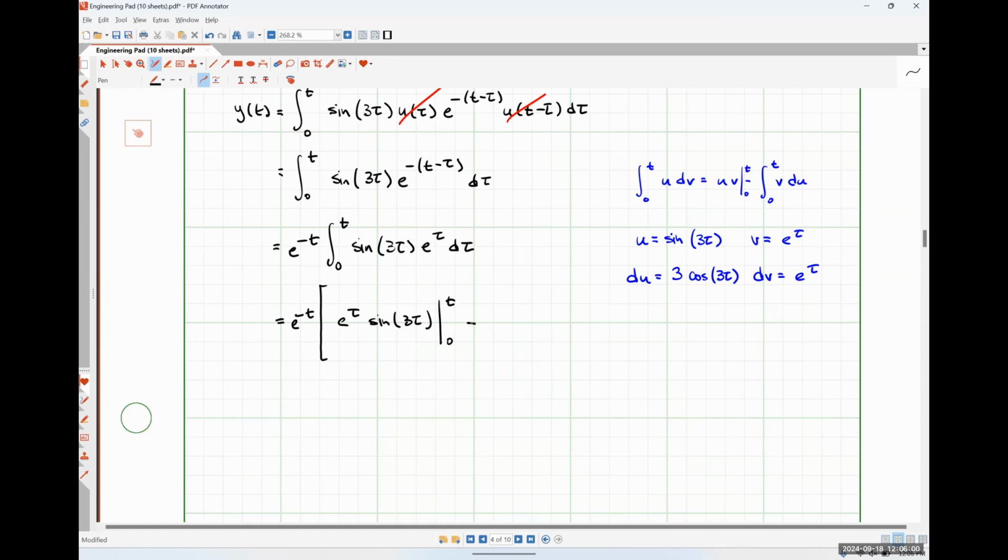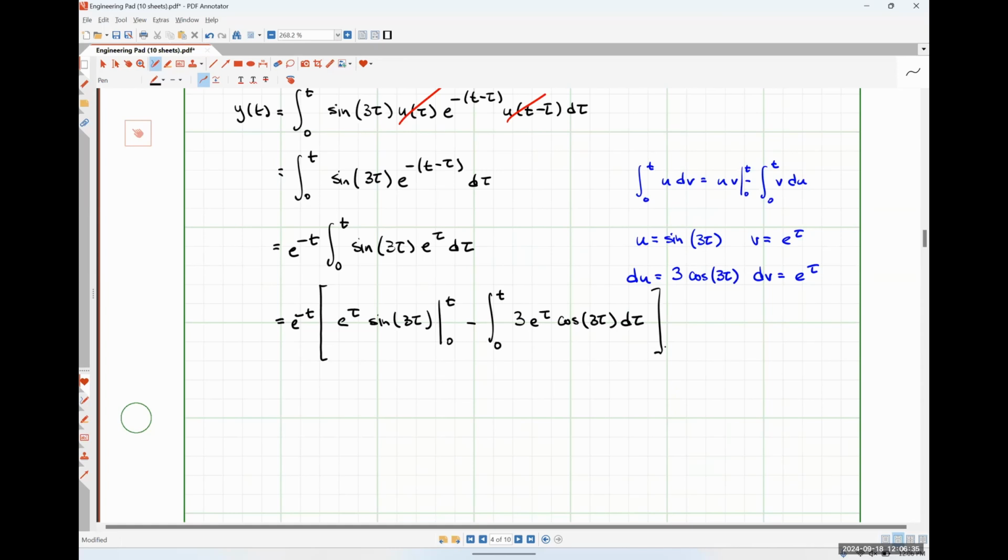And then I'm going to have minus the integral from 0 to t of v times du. So that's going to look like 3 e to the tau cosine 3 tau. Close my parentheses over here. How am I going to do this?